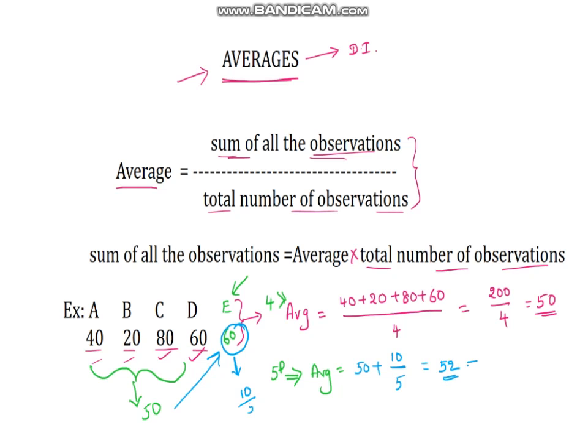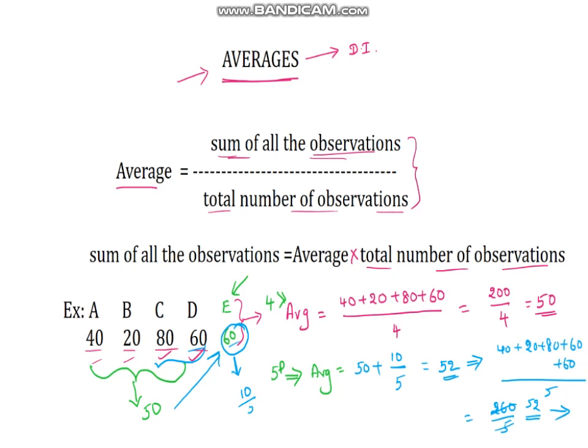See here, if we calculate this also, 40 plus 20 plus 80 plus 60, we know these 4 people's sum is 200, plus 60 is 260. 260 divided by 5. 5 5s are 25, 5 2s are 10.